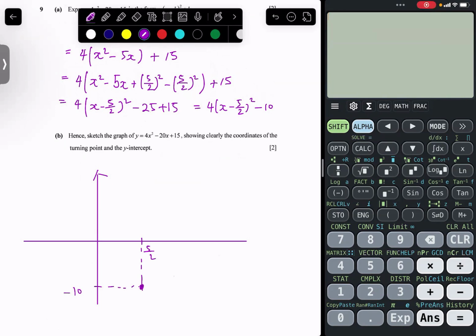The y-intercept of the graph is when x equals 0, so that is positive 15. The graph will probably be like this. Since they didn't ask for the x-intercepts, we don't need to find them, but you should know how to find them.